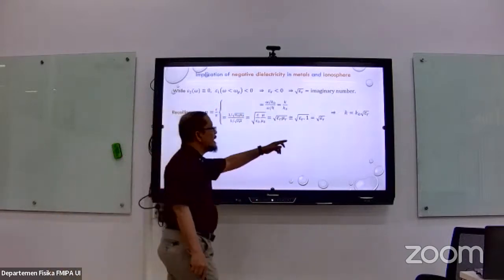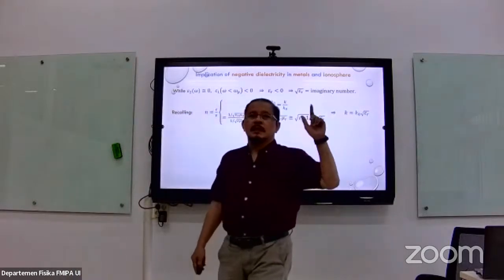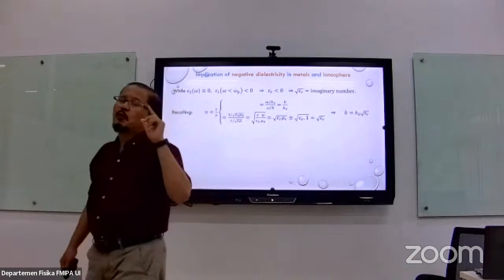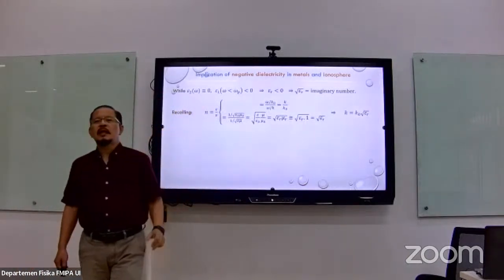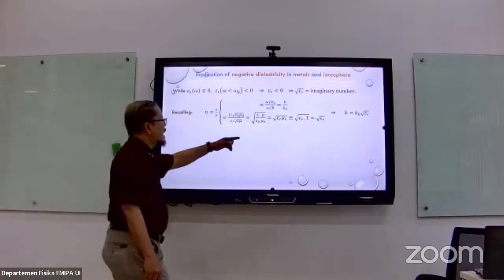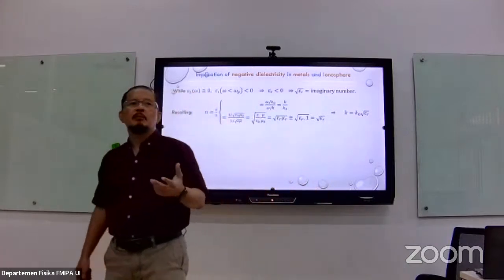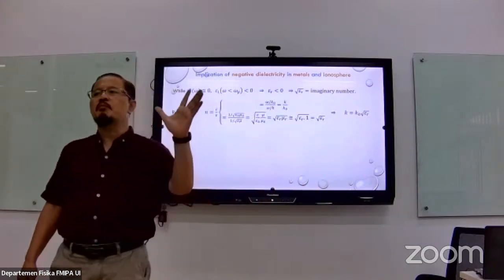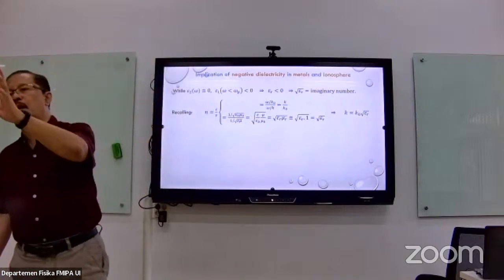So that means K becomes purely imaginary, provided that epsilon 2 is assumed to be 0. If epsilon 2 is not 0, then K may not be purely imaginary, but it must have some imaginary part. Okay, a significant value of imaginary part.